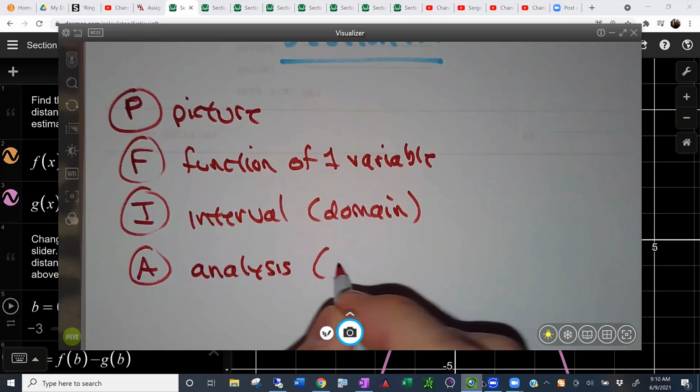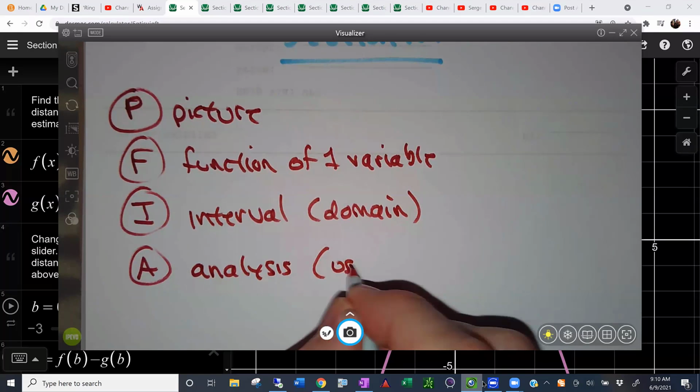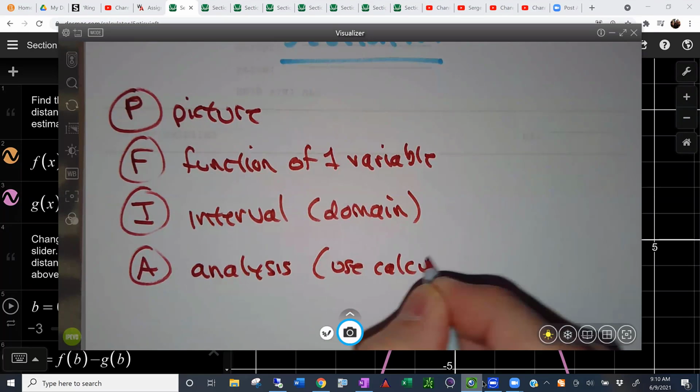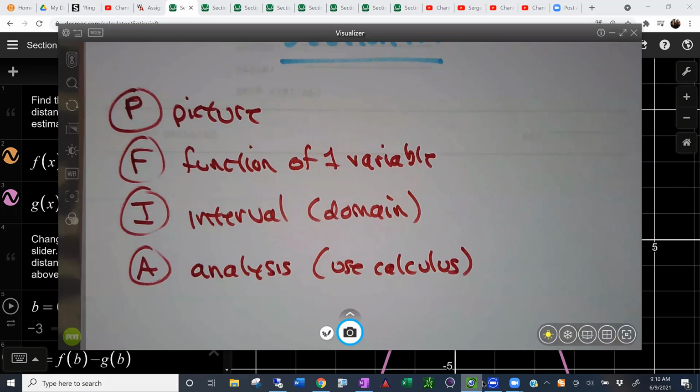So you're going to have to use some calculus. Now for us, that's going to mean a derivative someplace, setting it equal to 0, finding a minimum or a maximum, etc. But there's going to be some calculus in these problems. If you're doing this without calculus, you can just mark it wrong right away. There's going to be some calculus involved here.